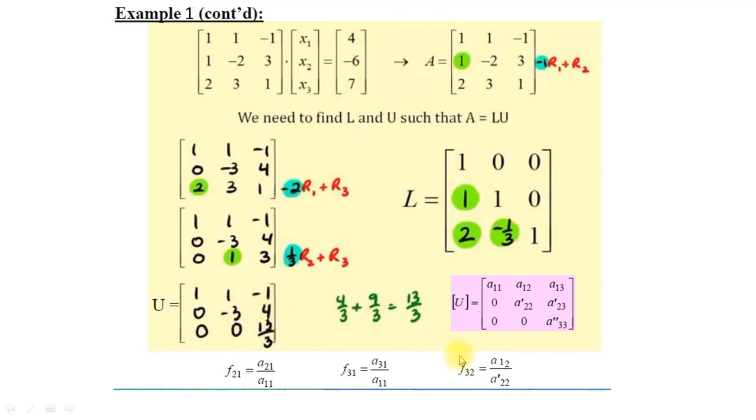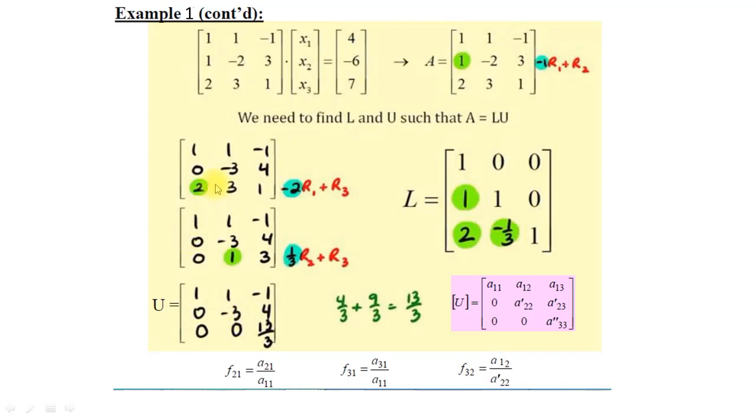So to find F32, divide A12 from matrix A, A12 first row second column, this is A12, and A'22 from the upper triangular matrix, this is A'22, this is A'23, and this is A'33. So A'22 in this upper triangular matrix is -3.